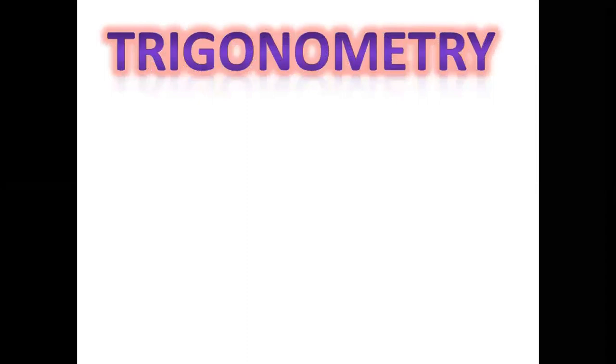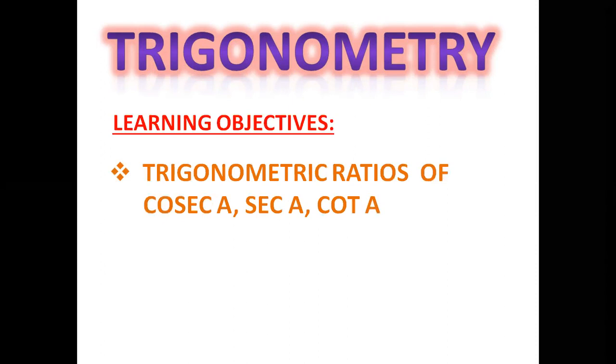So the next topic in trigonometry. Today our learning objective is trigonometric ratios of cosec A, sec A and cot A. We have taught trigonometric ratios of sin A, cos A and tan A. Here there are remaining three trigonometric ratios.